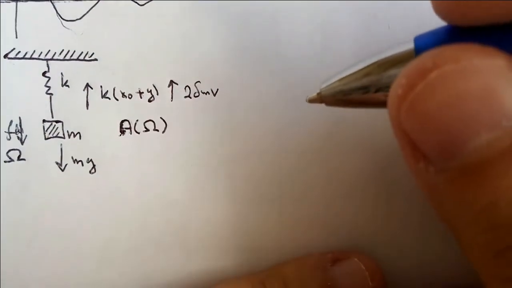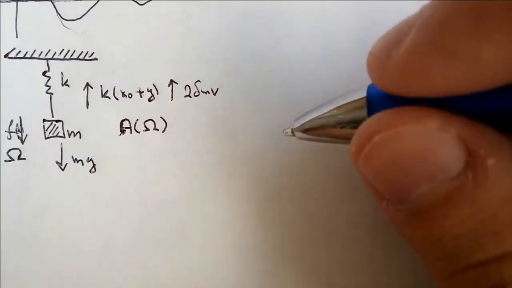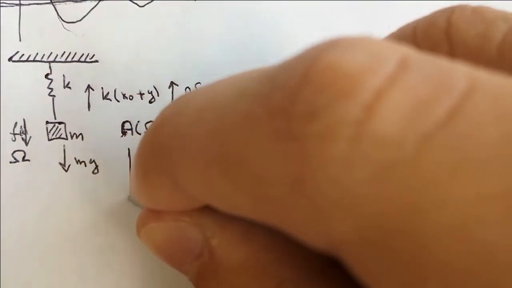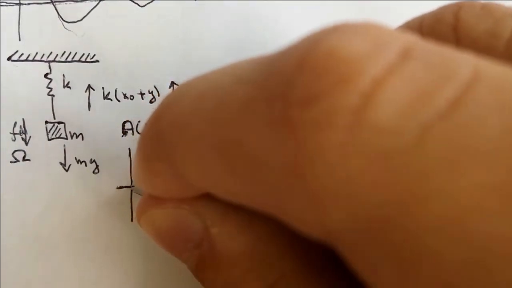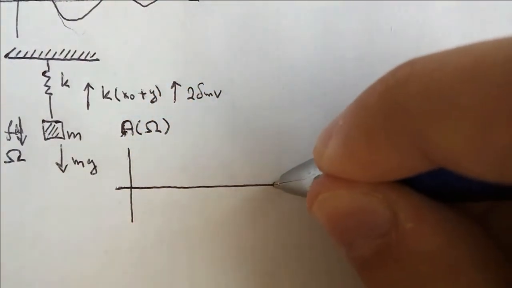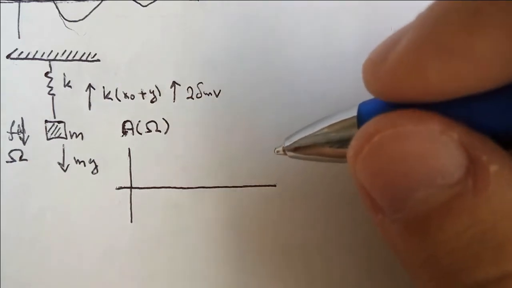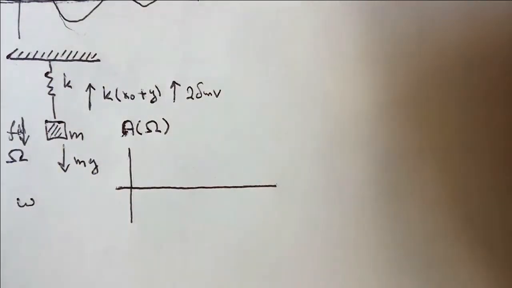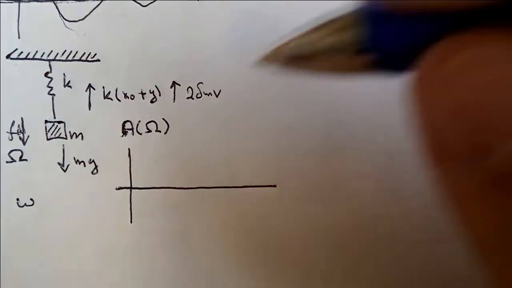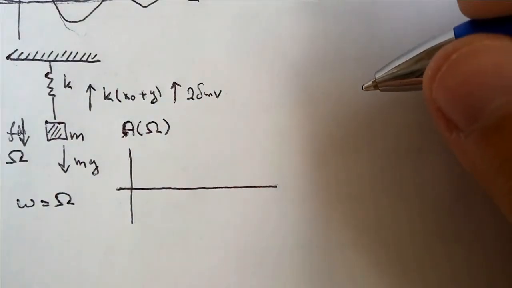When you are studying this kind of problem, the second question will arise. First, you have to accept the lemma that the actual angular frequency of motion of this bob is the same as the frequency of the force which I am acting with.